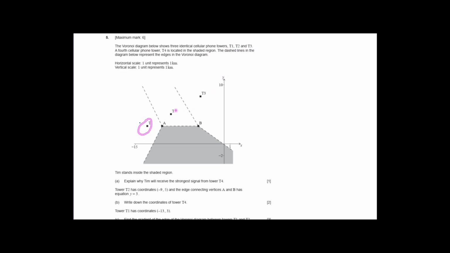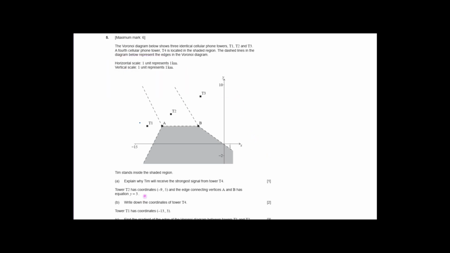So cell phone tower 1, cell phone tower 2 and cell phone tower 3. A fourth cellular tower is located in the shaded region, which I presume is this thing here. The dashed lines in the diagram represent the edges of the Voronoi diagram. Okay, 1 unit represents 1 kilometer.